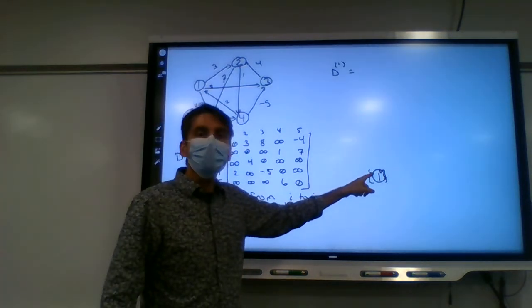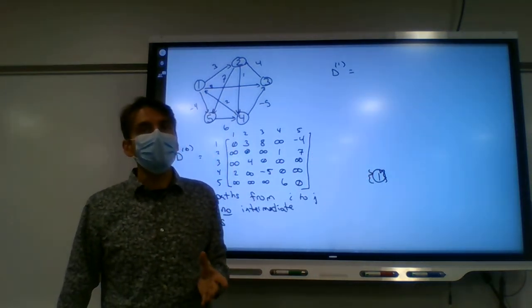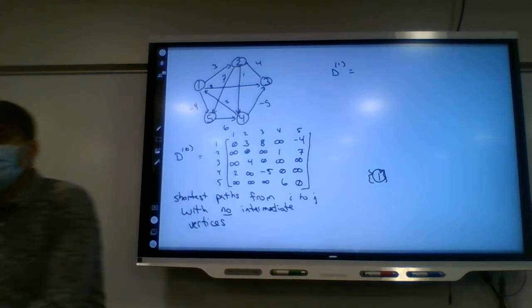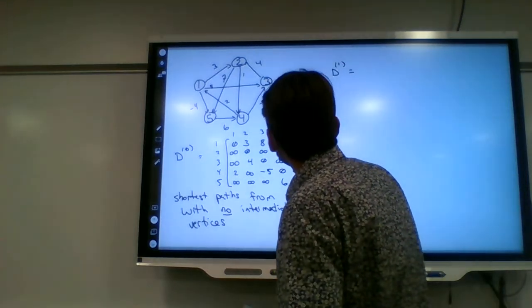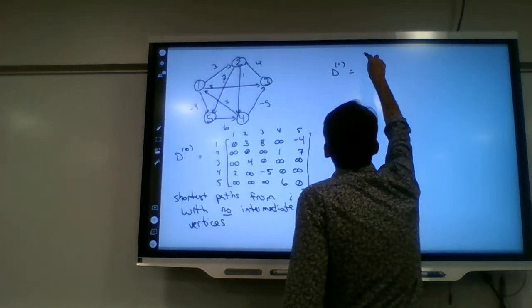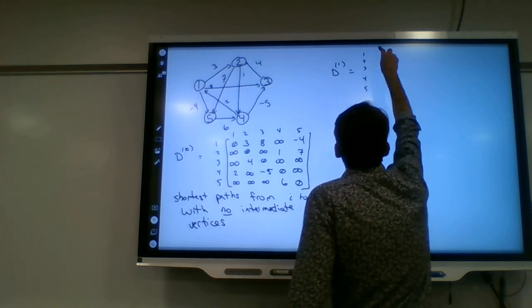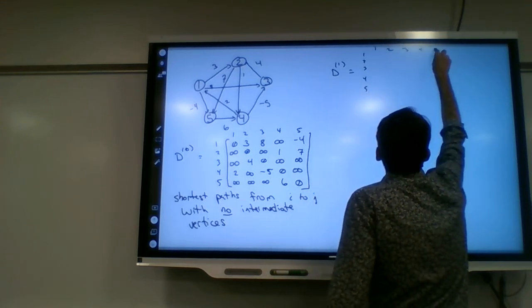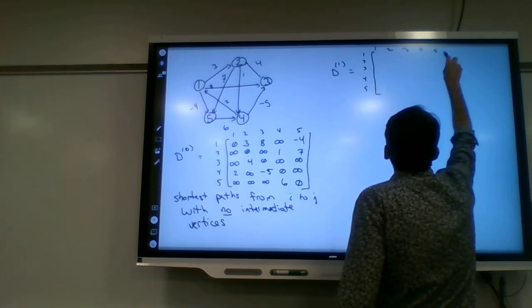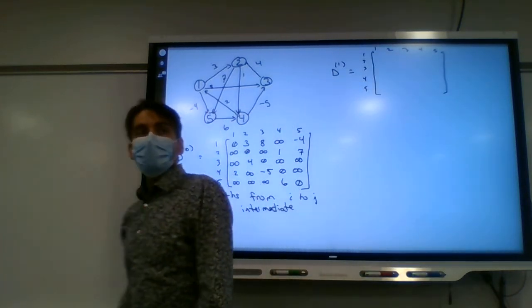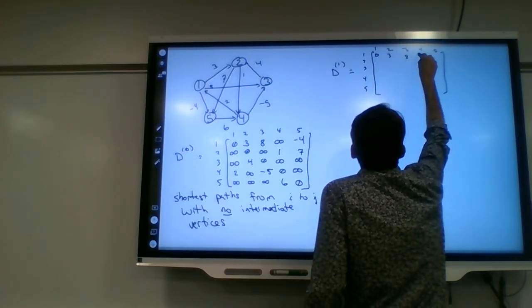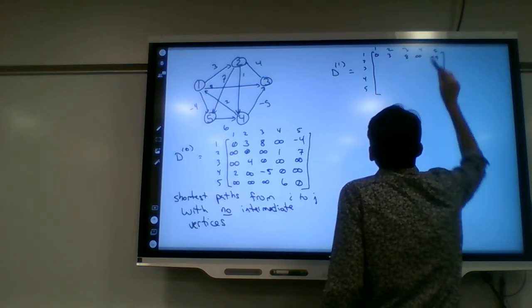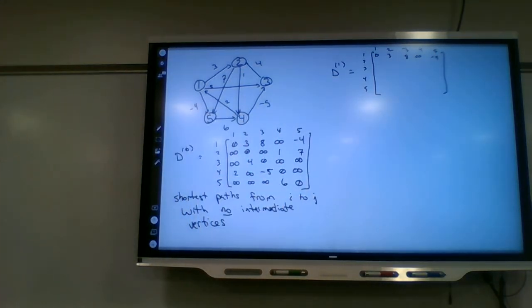If we do include going through there, then we might sometimes get a better answer. Well, the top row, going from 1 to anywhere, doesn't change because we already are going through vertex 1, right? I was K at that point.